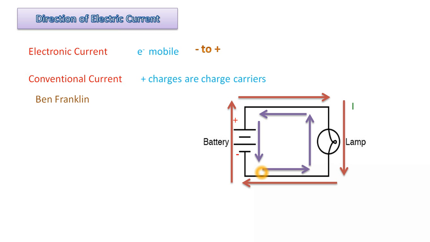So now, what do you conclude from both discussions? On one hand, you have electronic current, which says that current flows from the negative to the positive terminal. On the other hand, you have conventional current, which says that current flows from the positive to the negative terminal.